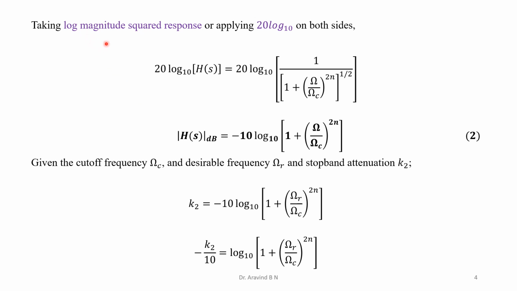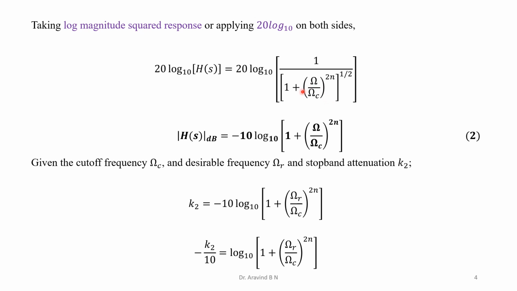Now applying the log magnitude response, or 20 log base 10, on both sides of equation 1, we get 20 log base 10 of |H(s)| is equal to 20 log base 10 of 1 divided by [1 + (omega/omega c)^(2n)] whole to the power of 1/2. On the left hand side, we call 20 log base 10 of |H(s)| as |H(s)| in dB.